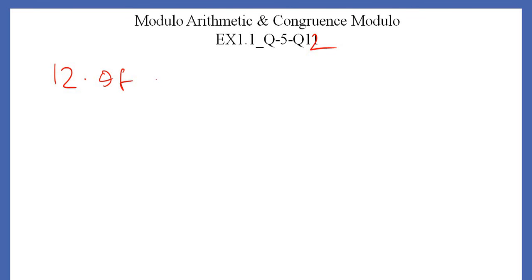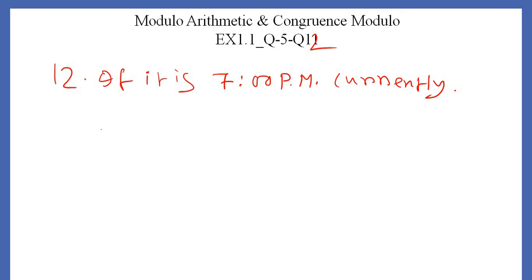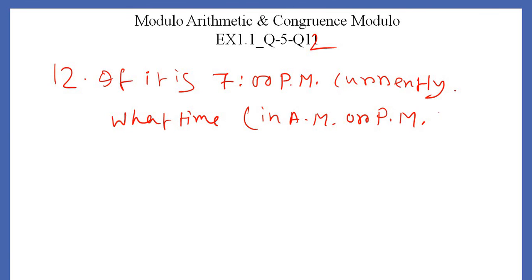If it is 7 p.m. currently, what time in either AM or PM will it be in the next 1500 hours?